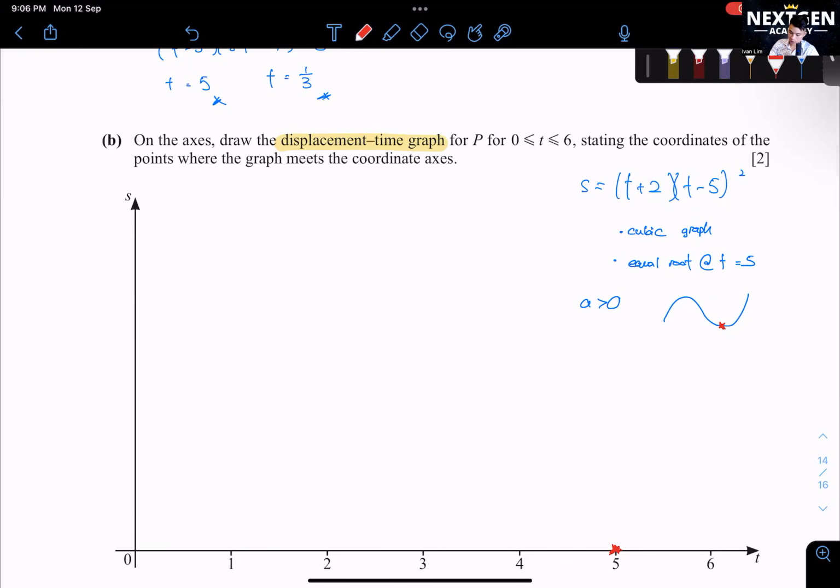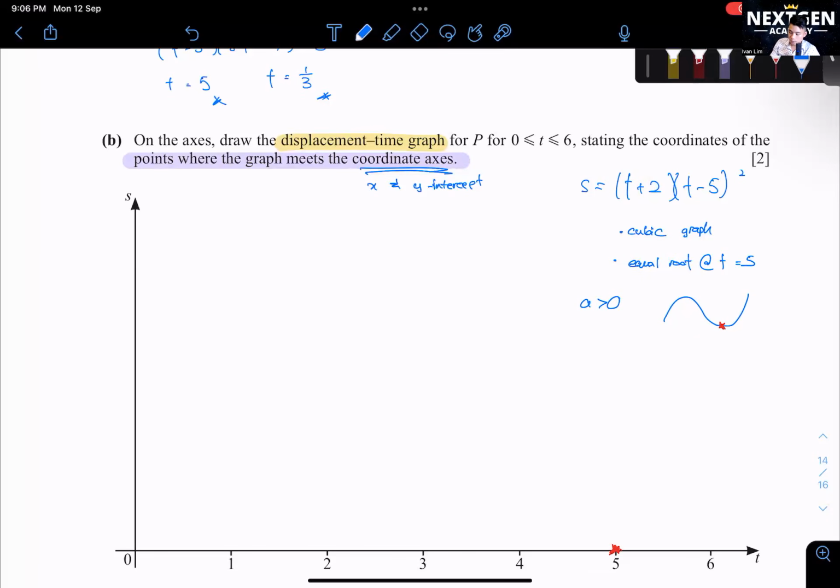Then the other point that we need to find, normally for graph, they also say this statement here: show the points where the graph meets the coordinate axis. So actually the main point for you to get the marks is you just need to find your x and y intercept. I got one here already, my x intercept.